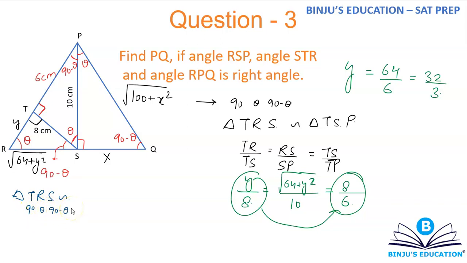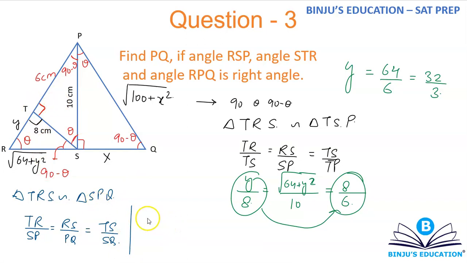In SPQ, S is 90, P is theta, Q is 90 minus theta. You can cross check again. So you'll get TR divided by SP is equal to RS divided by PQ is equal to TS divided by SQ.